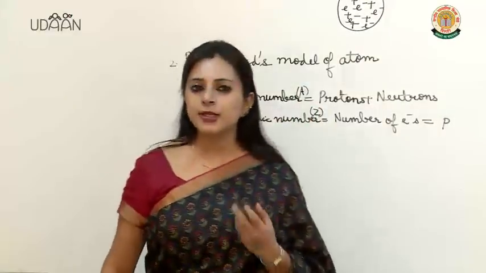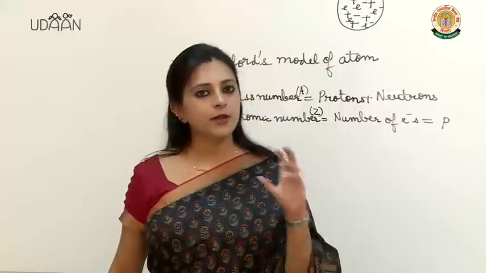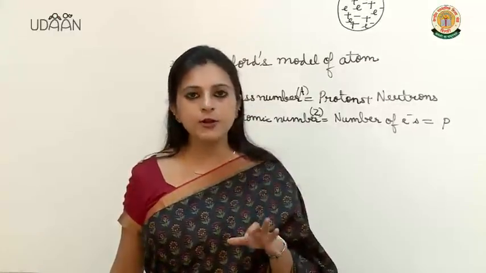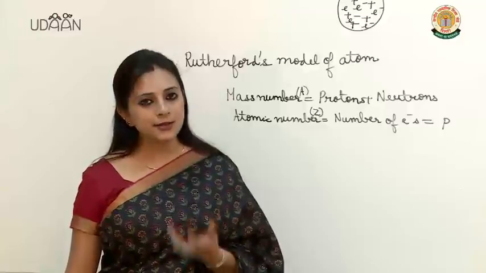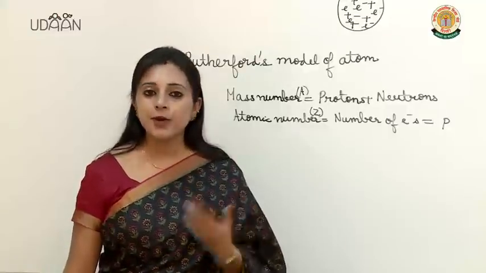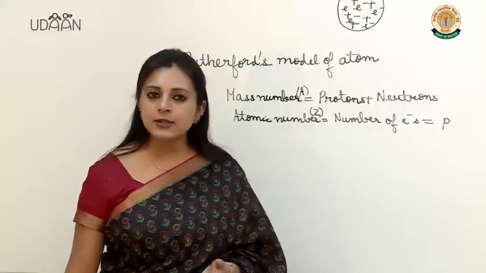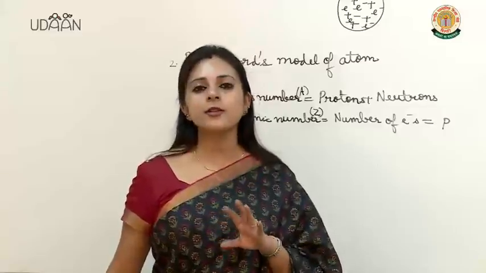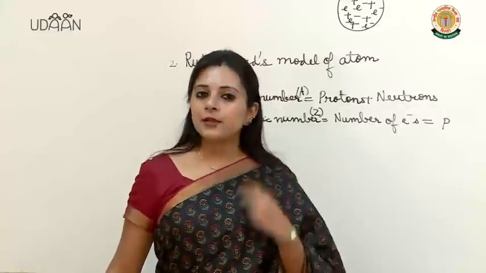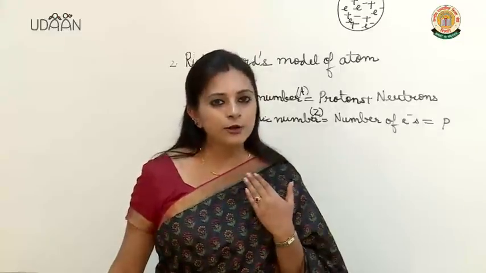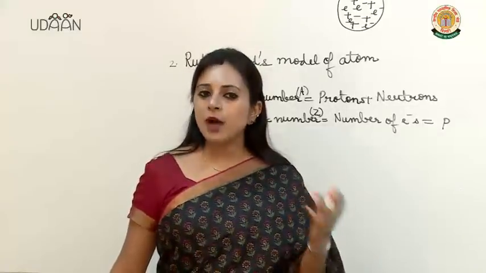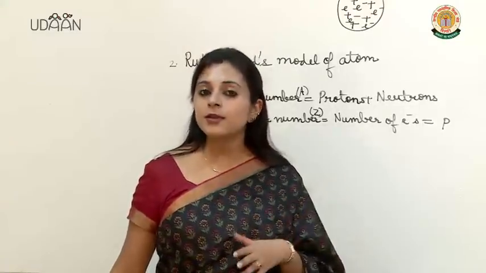So Rutherford said that nucleus consists of protons and neutrons, and there is a second part in the atom, that is the extranuclear part, which comprises of electrons, and they are revolving around the nucleus in circular orbits. And electrons do not contribute to the mass of the atom because their mass is negligible.